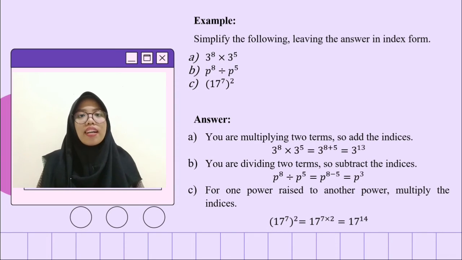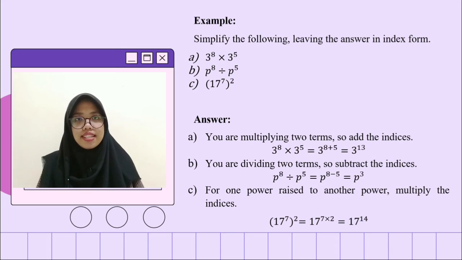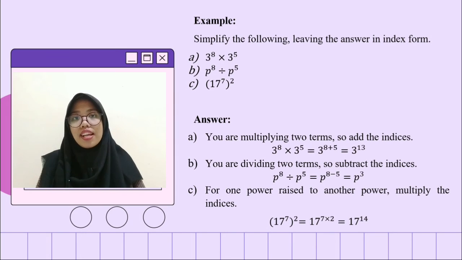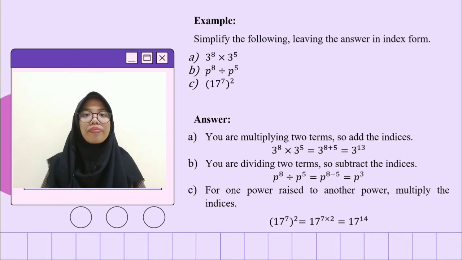The answer for A. You are multiplying two terms, so add the indices. We know that 3 to the power of 8 and 3 to the power of 5 have the same base, that is 3, but have different indices. 3 to the power of 8 has index 8 and 3 to the power of 5 has index 5.